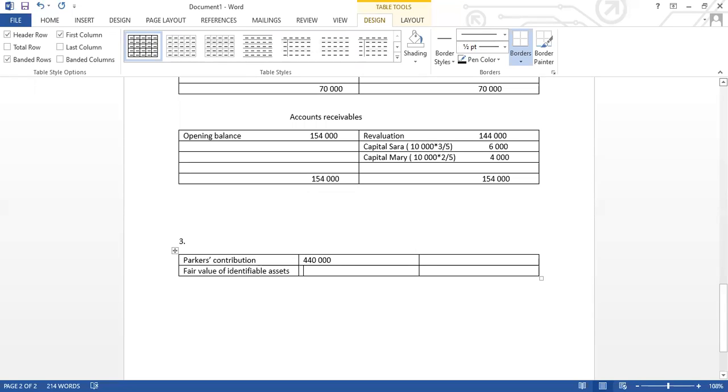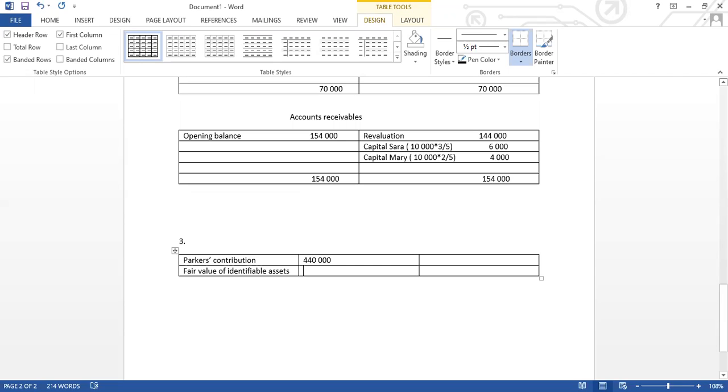Are the contributions and the fair value of identified assets on the debit side, and why? When you record these things in the goodwill account, the goodwill must have the credit and the debit side, isn't it?